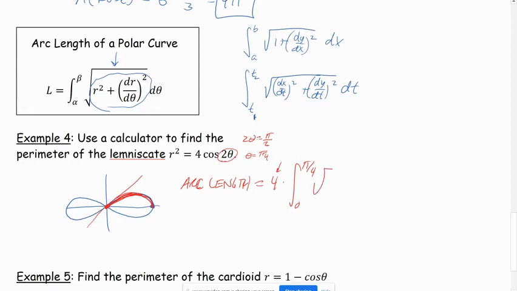And so now it's the square root of r squared, which is 4 cosine of 2 theta, plus dr d theta squared. And so if we take this equation over here and take the derivative, we would get 2r dr d theta equals negative 8 sine of 2 theta.